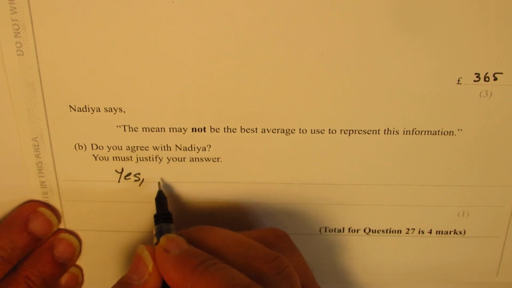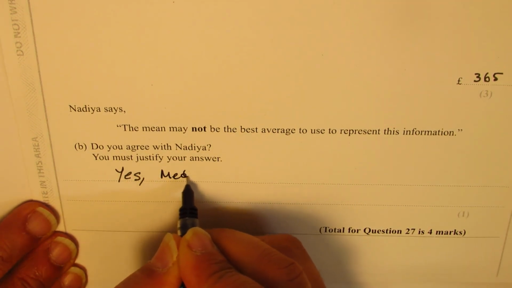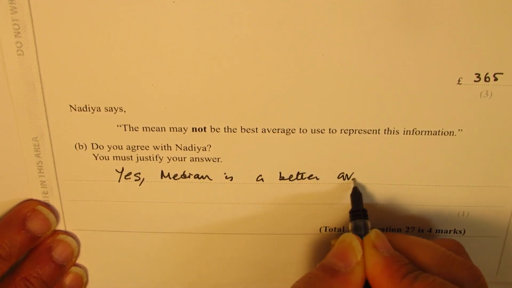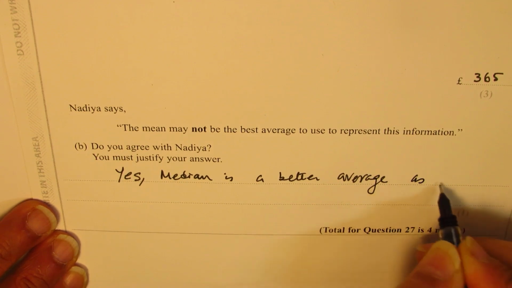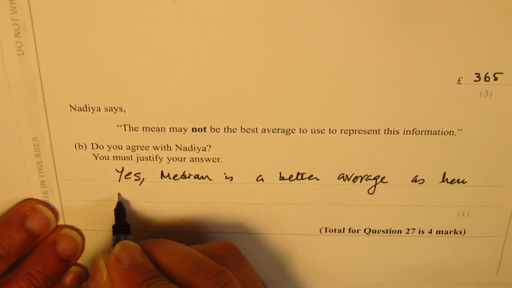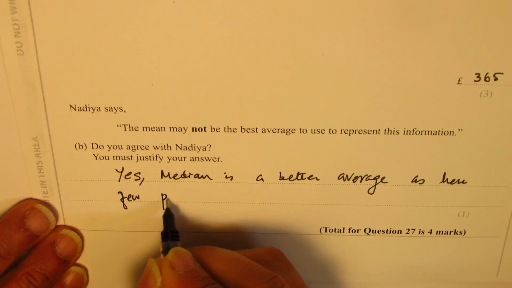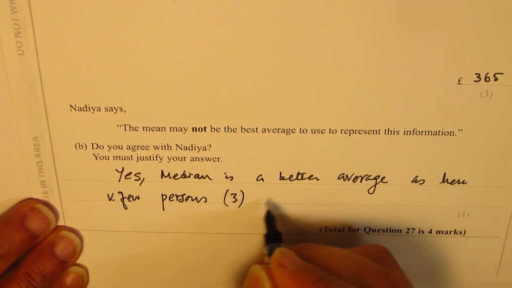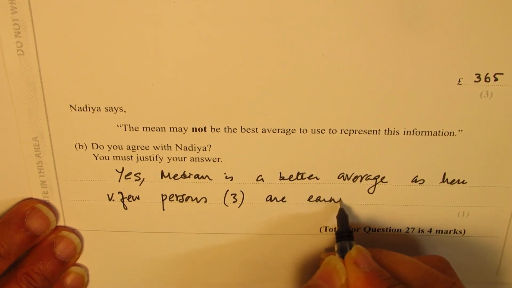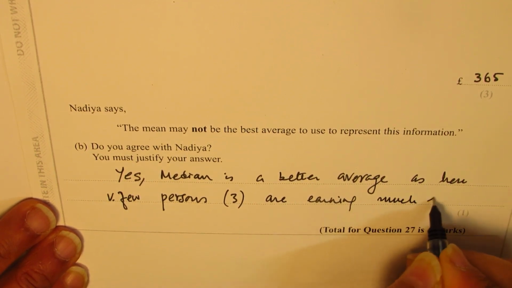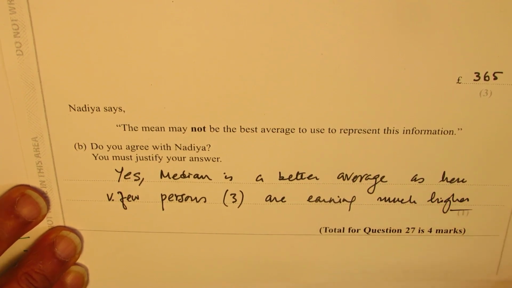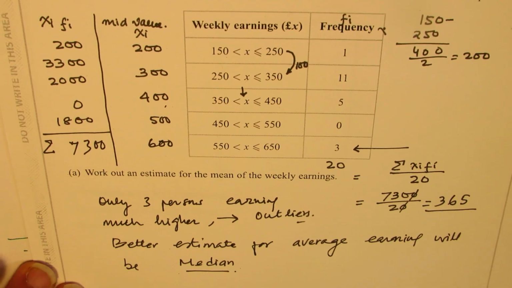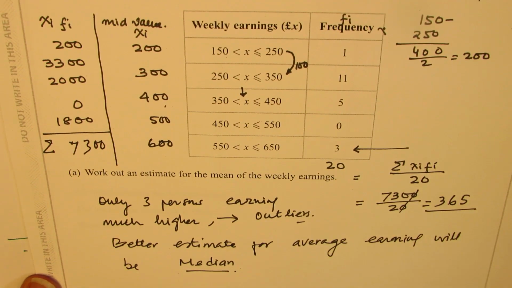So you say yes, median is a better average, as here very few persons, namely 3, are earning much higher. So if that is the case, in that case we should use median as the indicator for average.